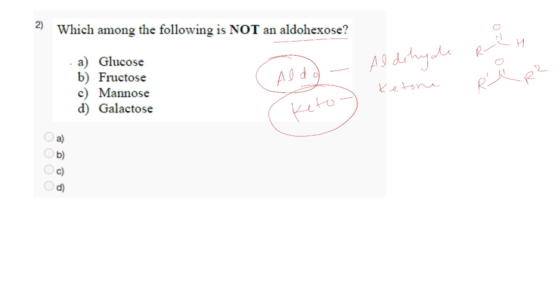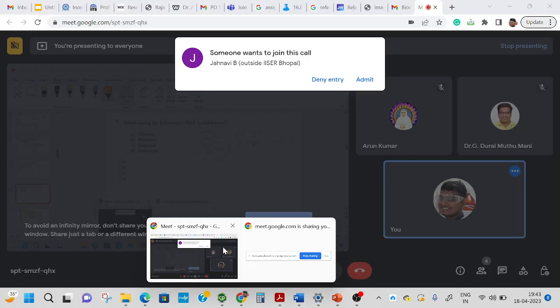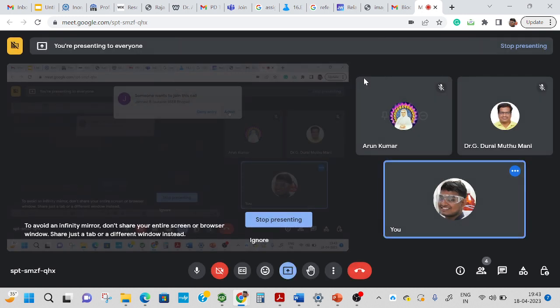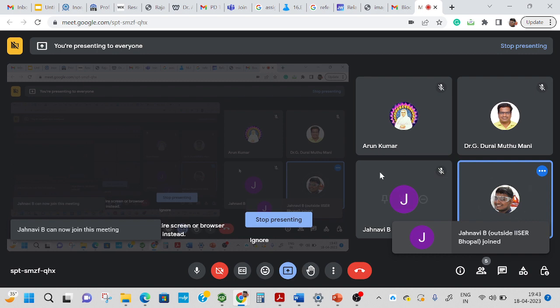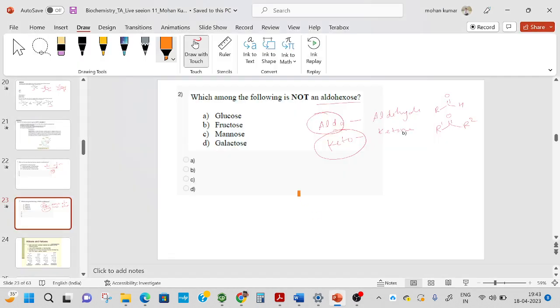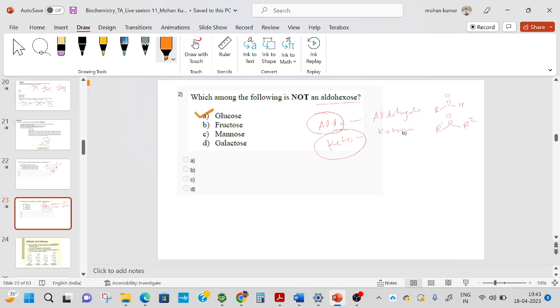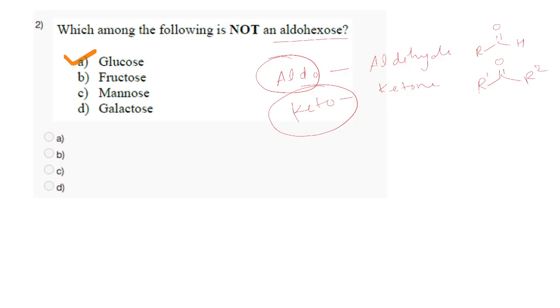So glucose is an aldohexose or ketohexose? Aldohexose, right? So glucose is an aldohexose.